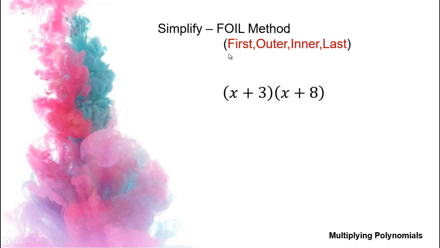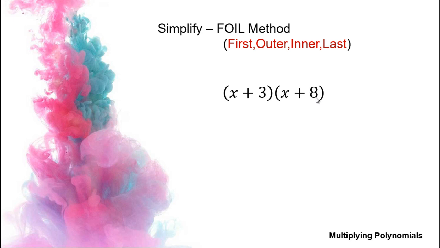Look at this format. The FOIL is an acronym for first terms, the terms that come first; then outer terms, those on the outside; inner terms, those on the inside; and last terms, the two last terms.